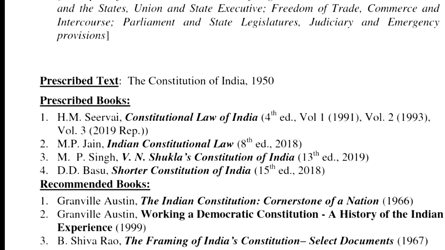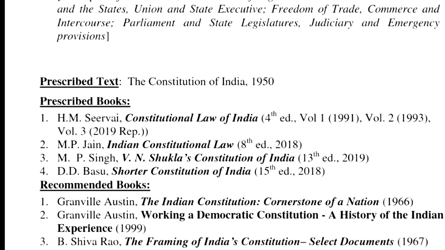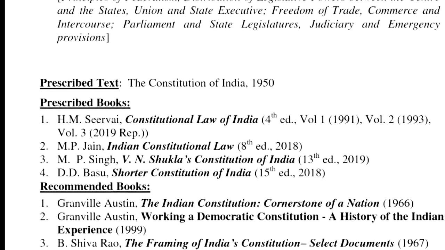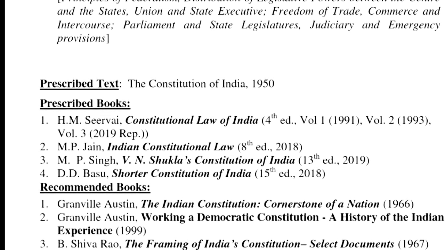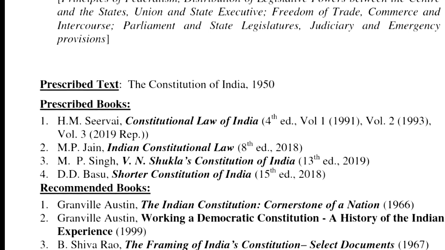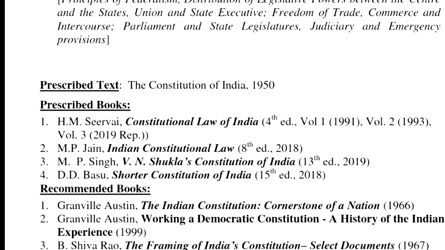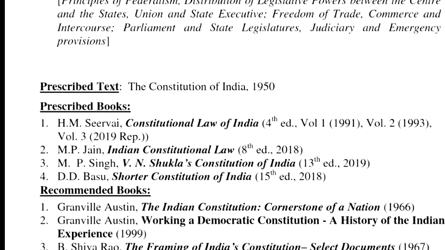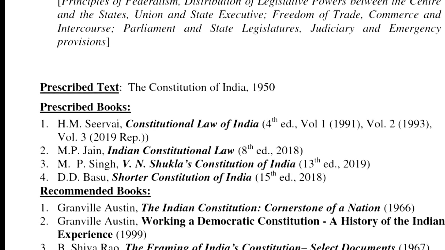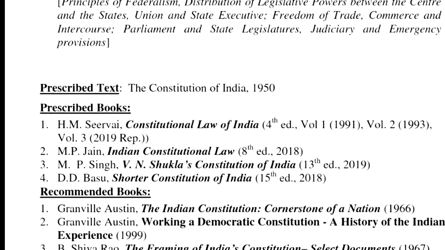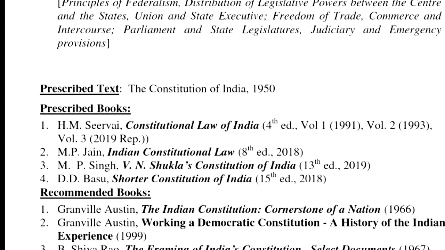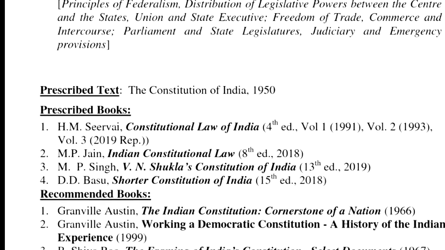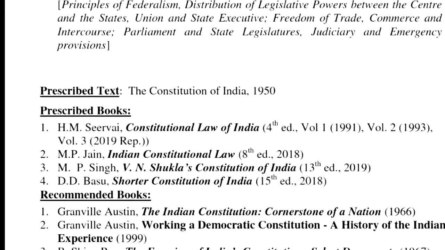Now, most of the 1935 Act federal provisions became a part of the Indian Constitution in 1950. But despite that, please remember that the federalism of the 1935 Act was not an emancipatory or a benevolent gesture on the part of the British.